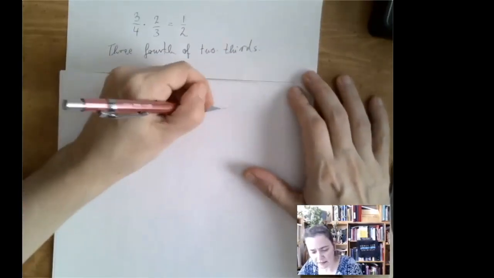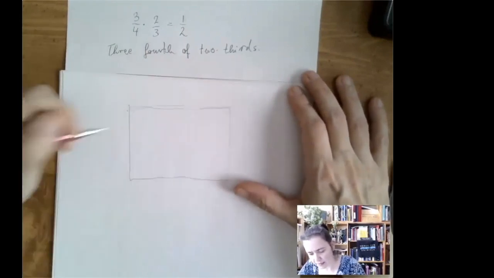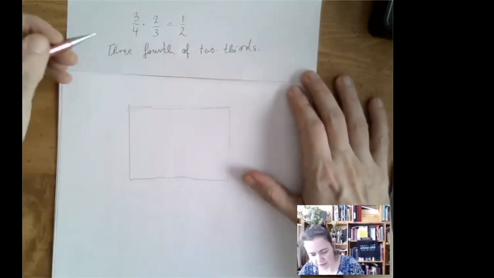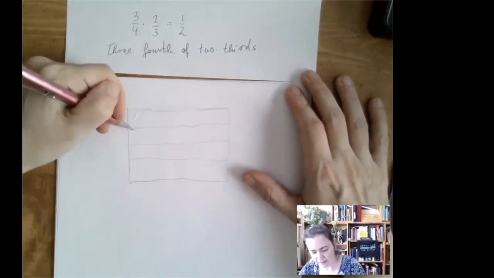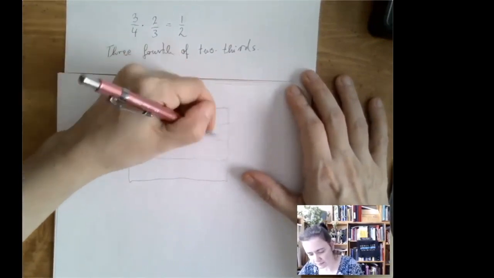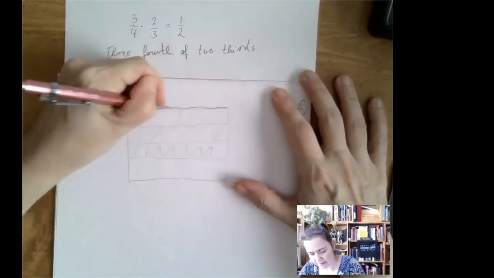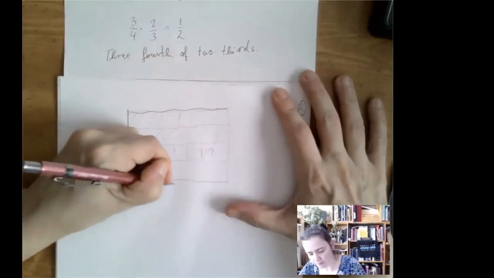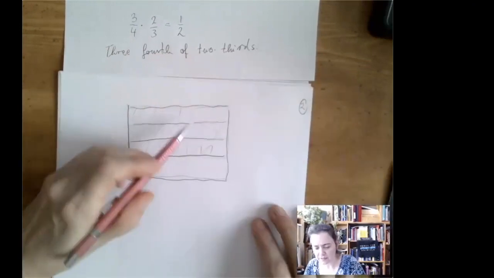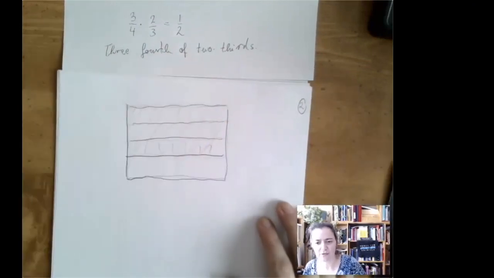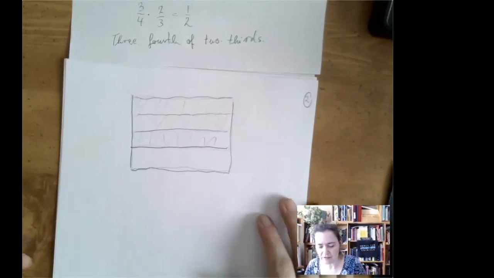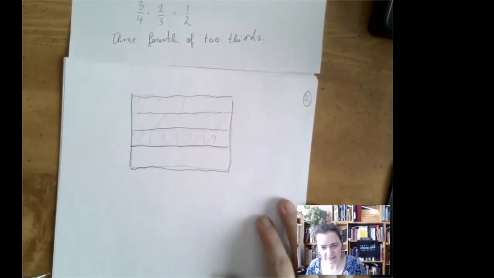So, okay, here is 1, and we're going to chop it off into 4 equal parts, and we're going to take 3 parts. That is the picture for 3 over 4, right? So this slightly shaded area expresses 3/4 if this whole thing is 1. And now we want to take 2/3 of that.